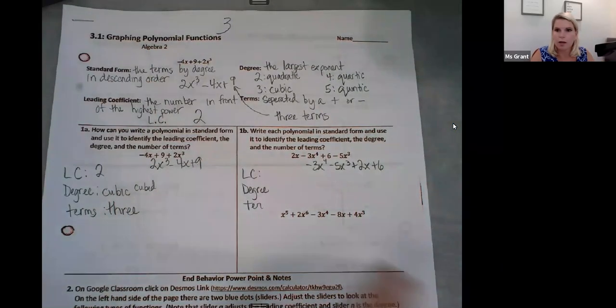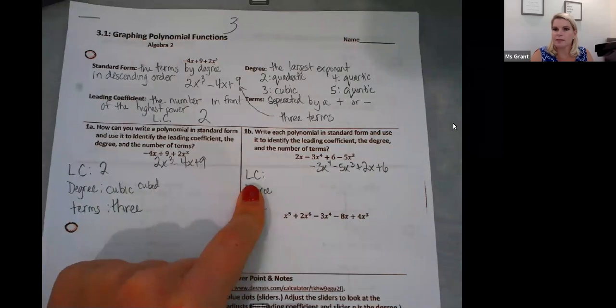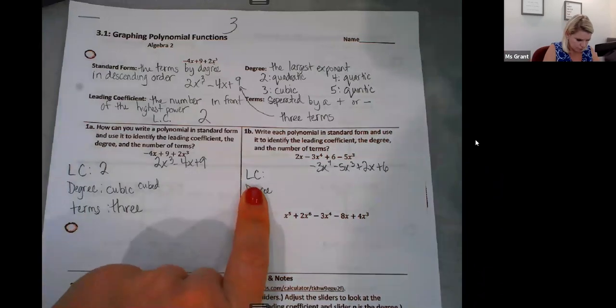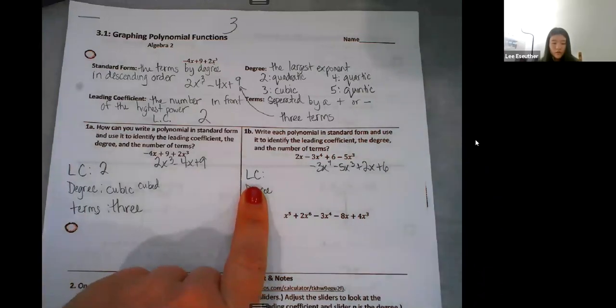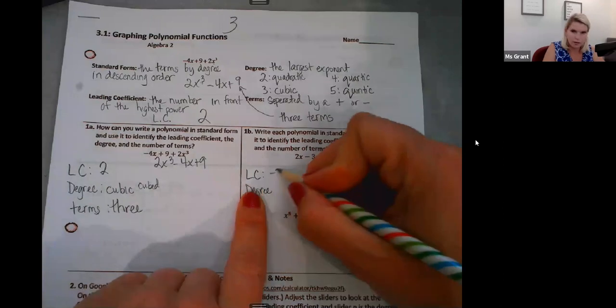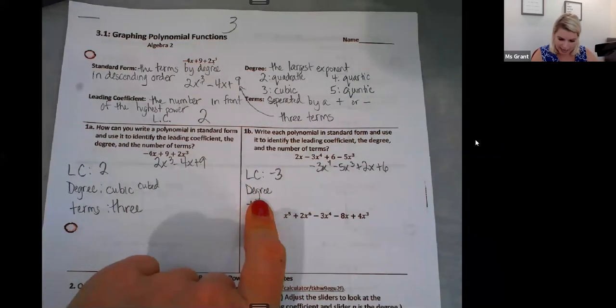I got you. Thanks for keeping your hands up, guys, because I'm already like, Reed, you can put your hand down. Vinay, you can put your hand down. Okay, Esther, I was going to have you do one. Leading coefficient? -3. It sure is. Degree, Tyler.